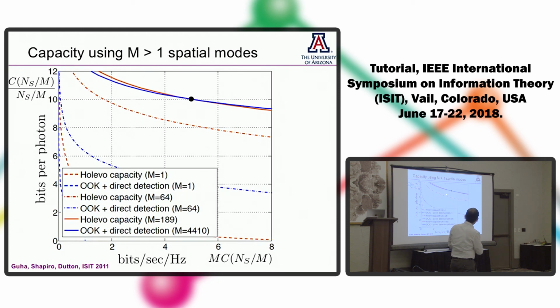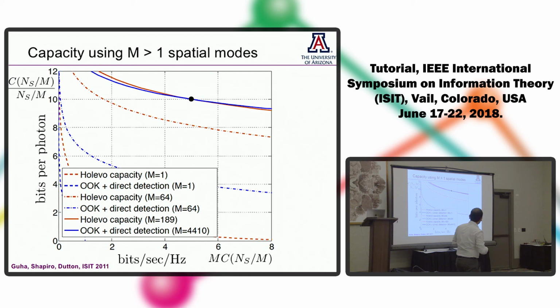But in this slide, what I'm showing is that if I had m parallel channels, m parallel beam splitters, and I did the same plot between bits per second per hertz and bits per photon, plotting the capacities attained by the Holevo capacity and by on-off keying with direct detection, then to get to a certain performance of bits per photon and bits per second per hertz, you will need many fewer modes, many fewer channels, to attain the same capacity performance if you had that joint detection receiver.